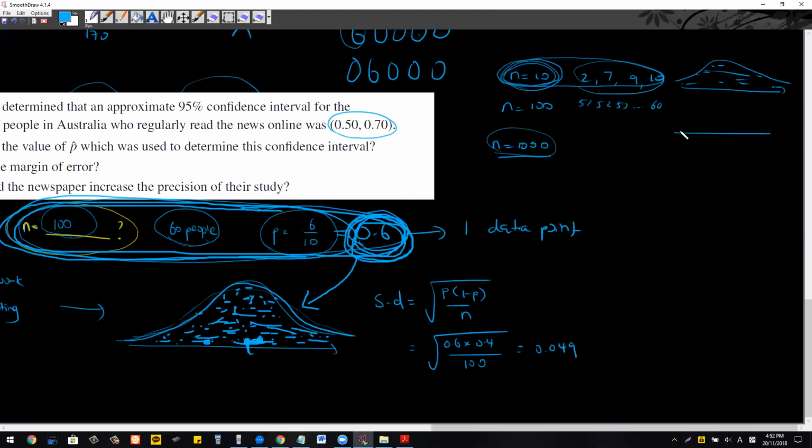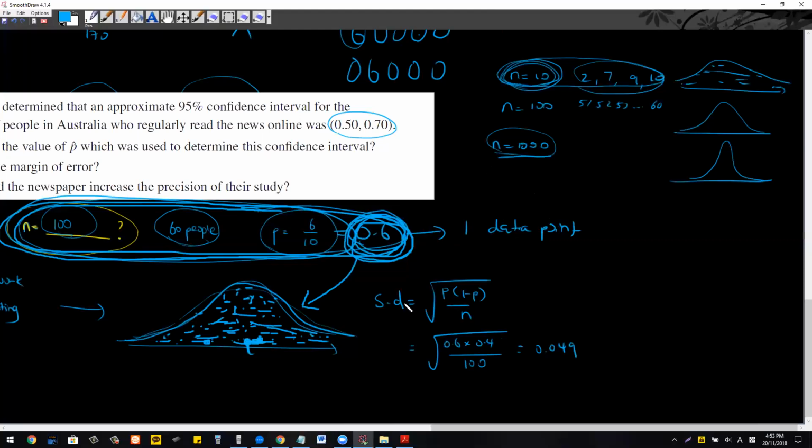So the distribution becomes much narrower. Do you understand? You're asking more people, so they sort of average out. Any anomaly or any extremes or any outliers can blend in and be neutralized, if you understand.